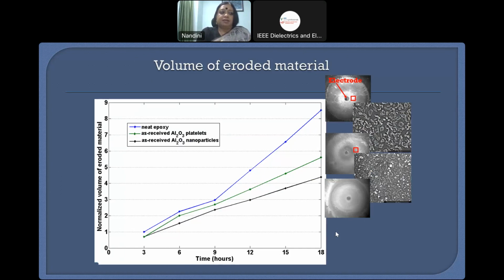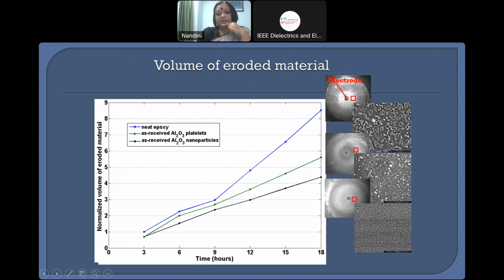And for the alumina platelets, which have only one nanometric dimension, these are micrometric sized fillers but the thickness is nanometric, we see that the volume decreases. The volume decreases even further when we have nanoparticles, that is, spherical nanometric sized particles.